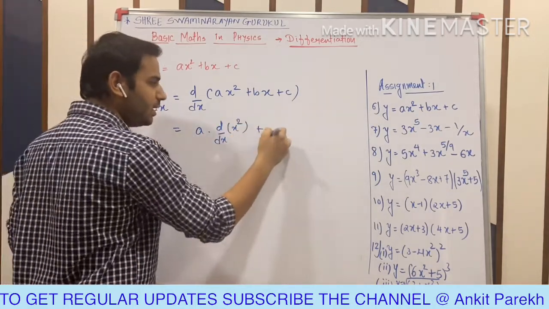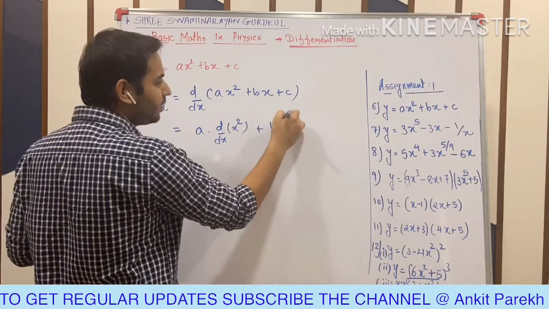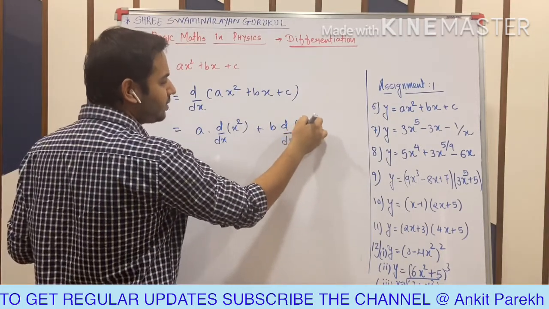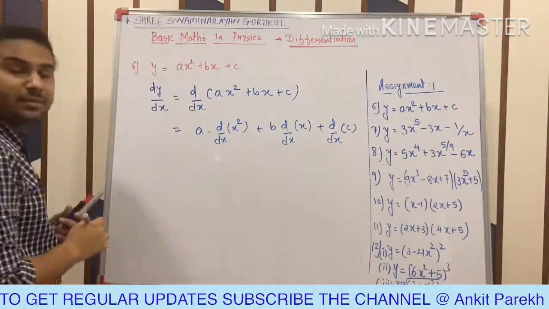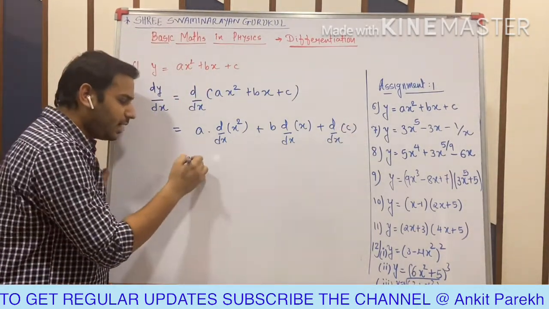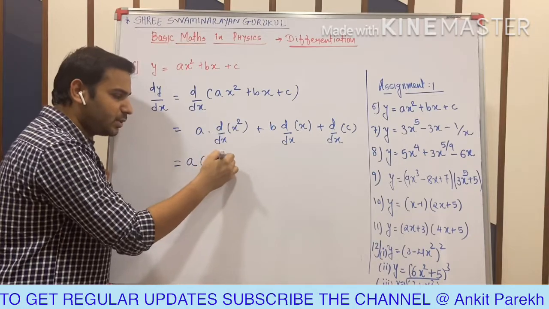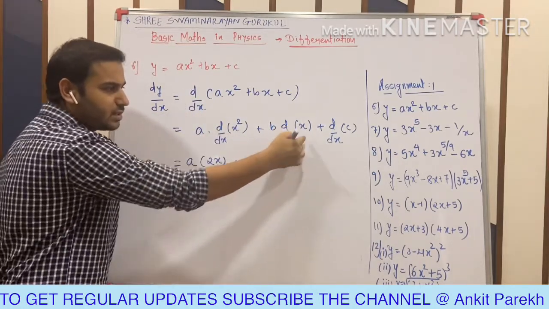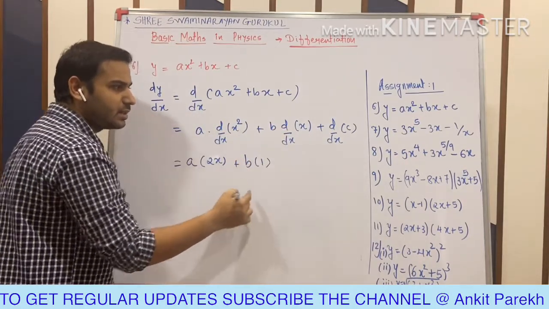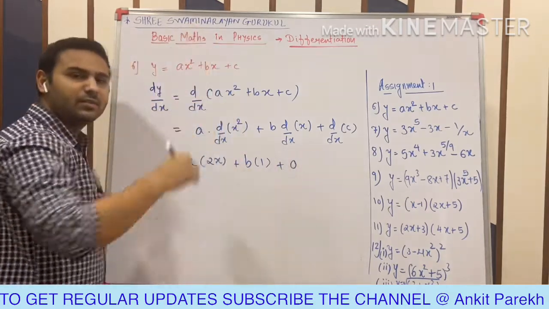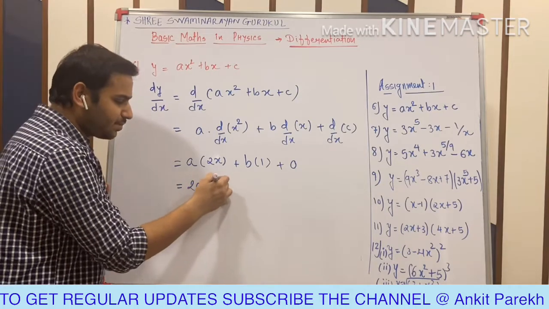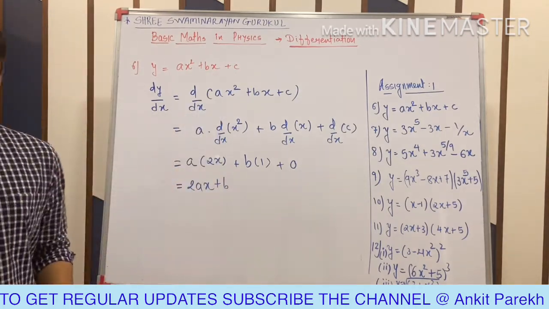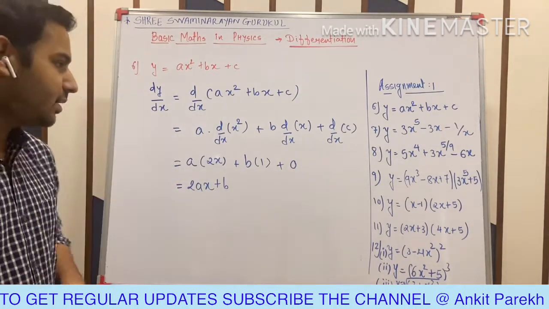Now b is constant, so b times d by dx of x, plus d by dx of c, a constant term. Now this a as it is, differentiation of x square is 2x, differentiation of x is 1, so b as it is, and differentiation of the constant term will become 0. So this is your answer, 2ax plus b. Okay, this is the answer of dy by dx.